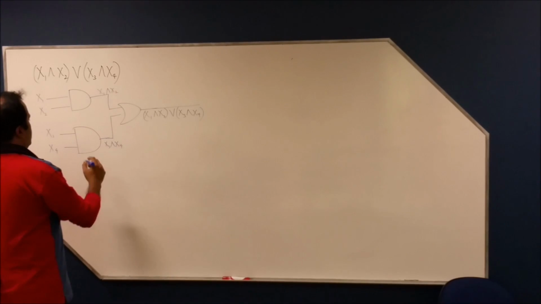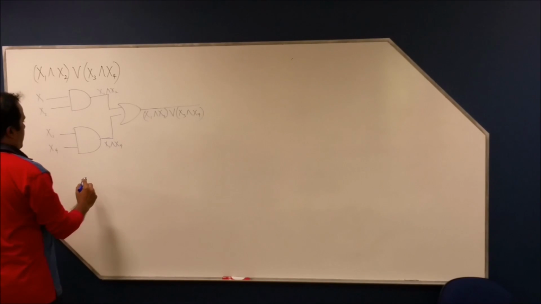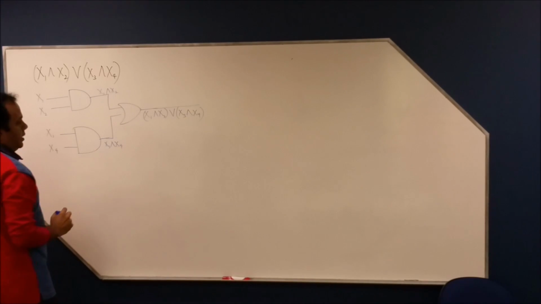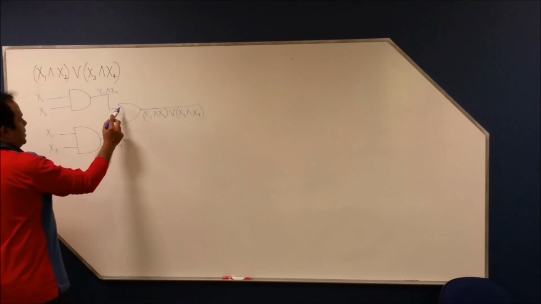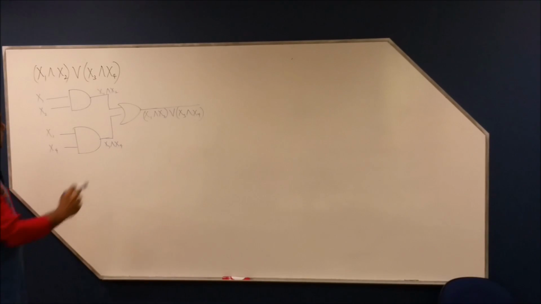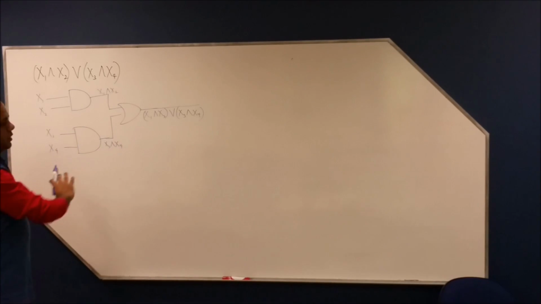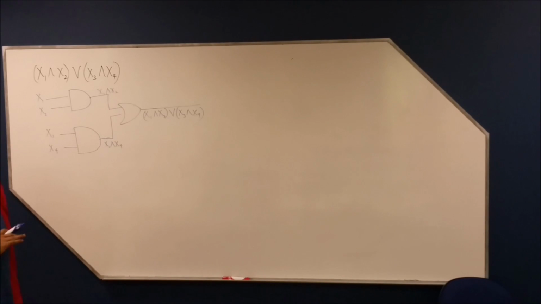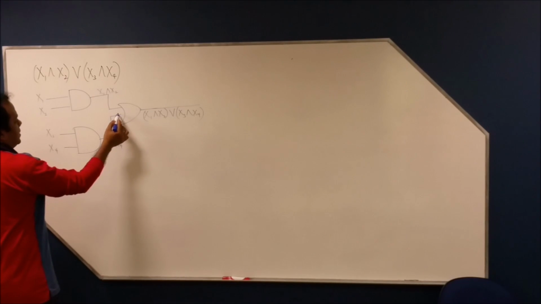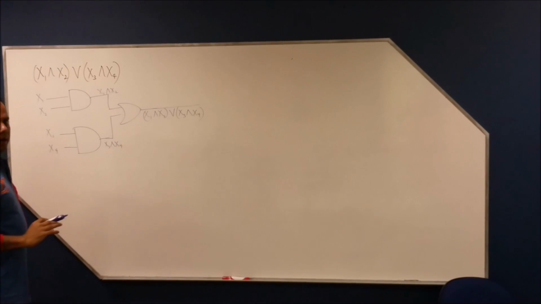We could see that if we inverted the output of each of these AND gates and we inverted the two inputs to this OR gate, then the behavior of this circuit should not change, which is clear, because if we negated the output of this and then negated the input of this, the two negations would cancel each other and the circuit would be the same as before.